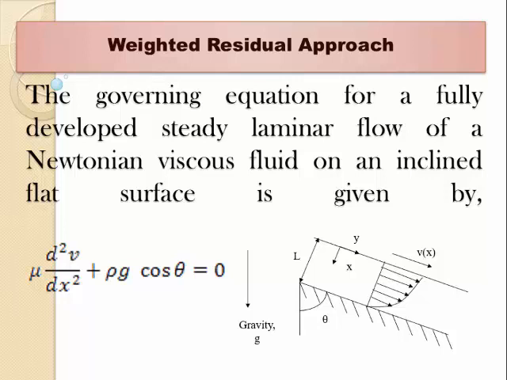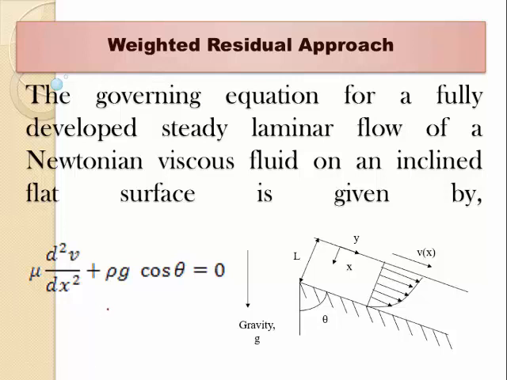The governing equation for a fully developed steady laminar flow of a Newtonian viscous fluid on an inclined flat surface is given by mu d square v by dx square plus rho g cos theta is equal to 0.